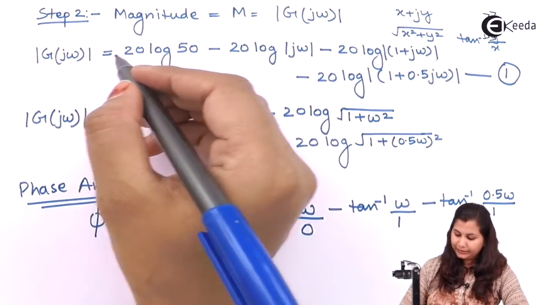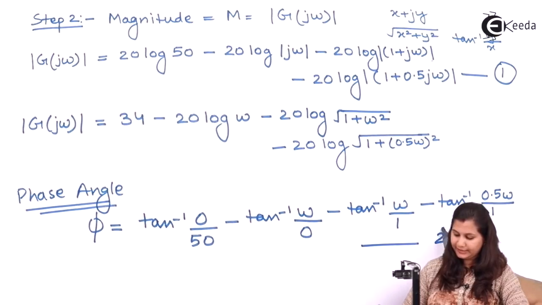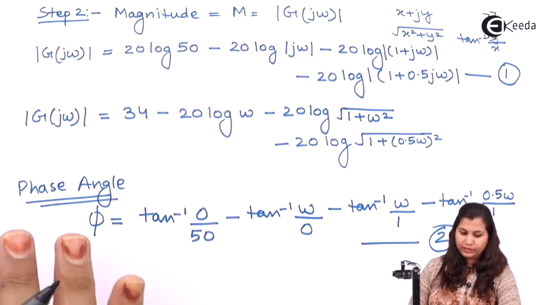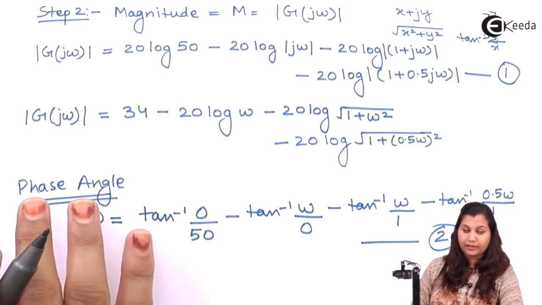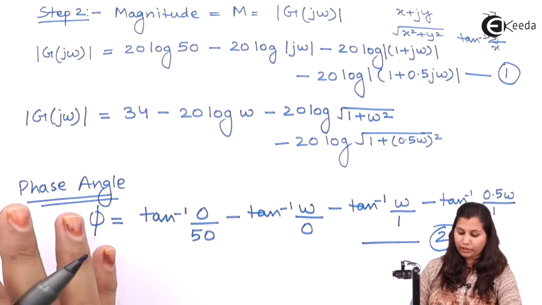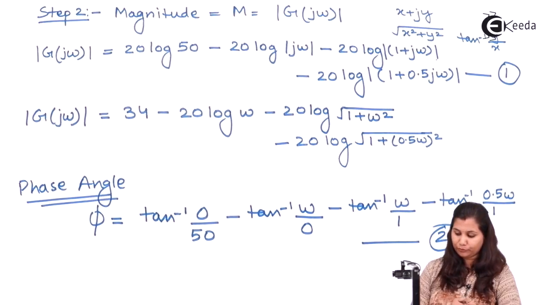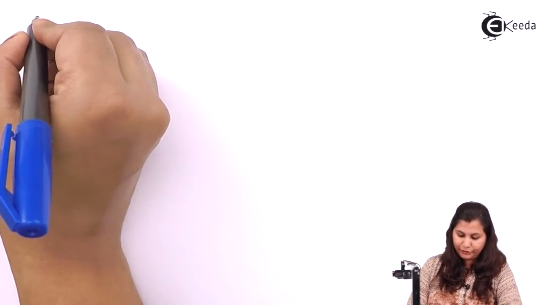We have got the magnitude and we have got the phase angle. Okay, now make a table so that it will be easy for us to plot the magnitude and phase angle with respect to frequency. So let's form a table for the magnitude plot.